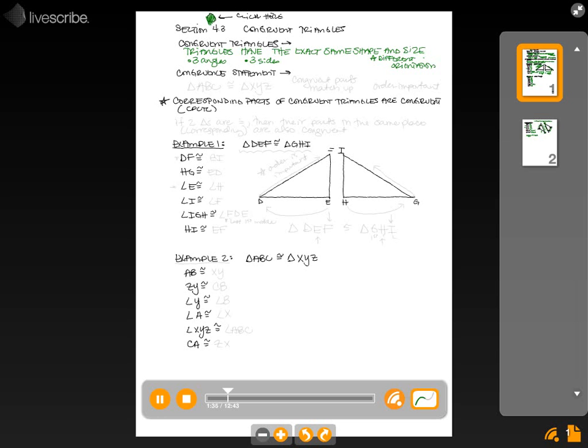Okay, the next thing we're going to talk about is a congruent statement, and it compares 2 triangles. And it's something like triangle ABC, where you name the first triangle, is congruent to triangle XYZ. Okay? And this is where order is extremely important. The congruent parts match up in your congruent statement.